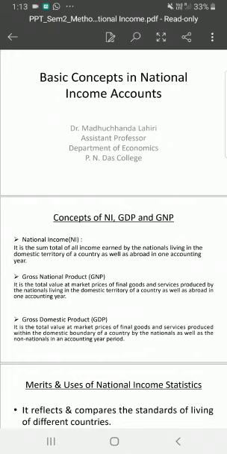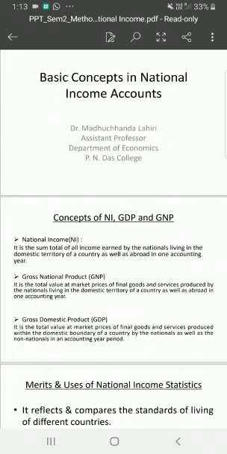The domestic territory of a country implies the physical boundaries of a country, and any area outside the physical boundaries of the country consists of the term abroad.